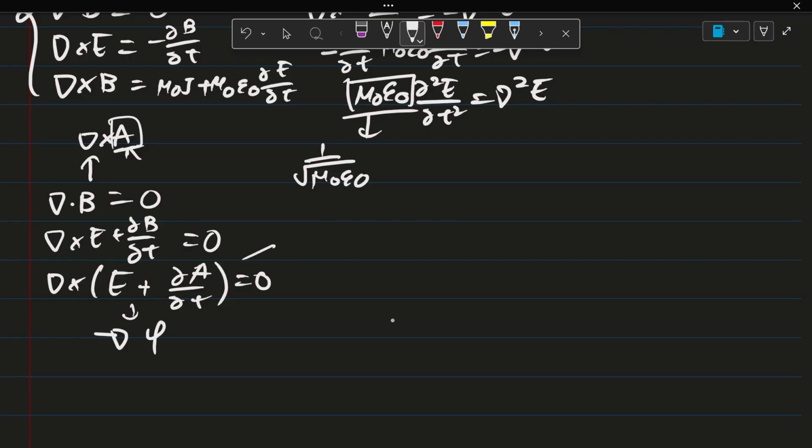This is because the curl of a gradient is always 0. So you would get something like this as well. And with these two pieces of information, you could gain information about the electric field as well as the magnetic field. These two relations actually govern all of electromagnetism.